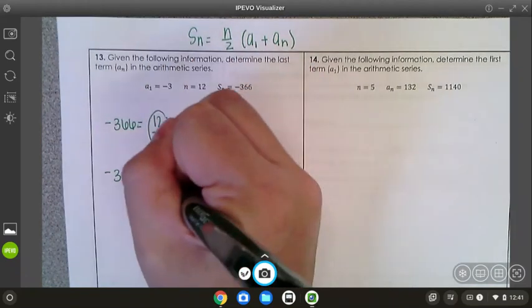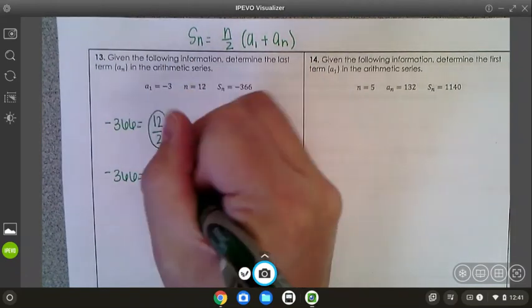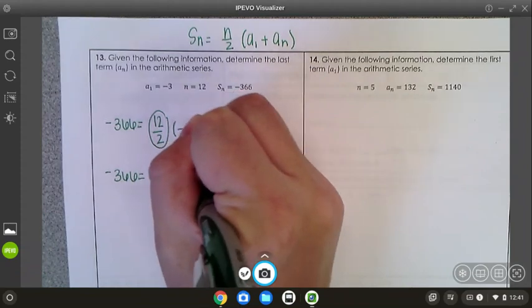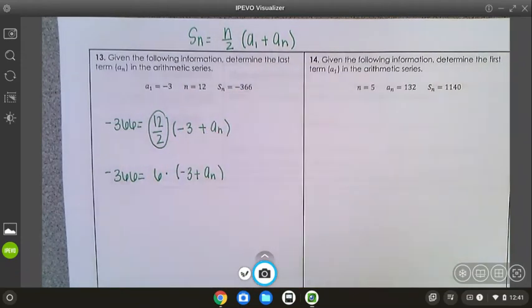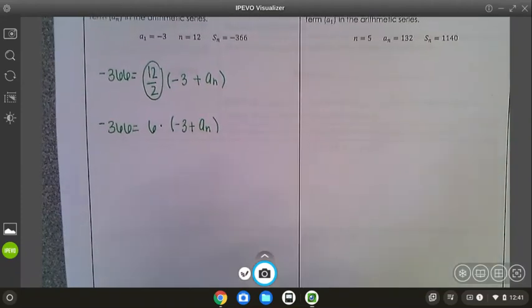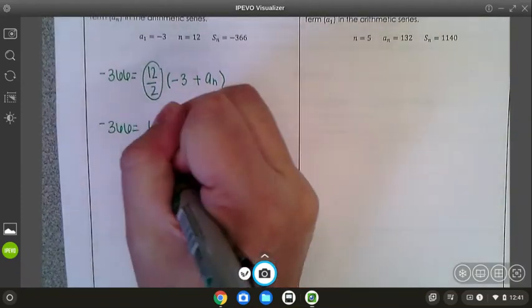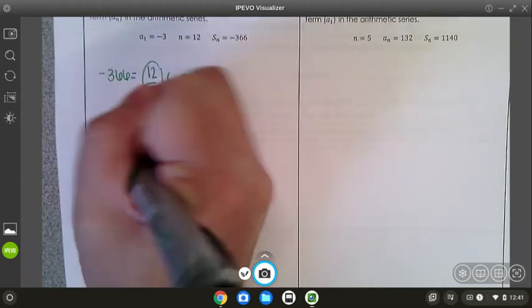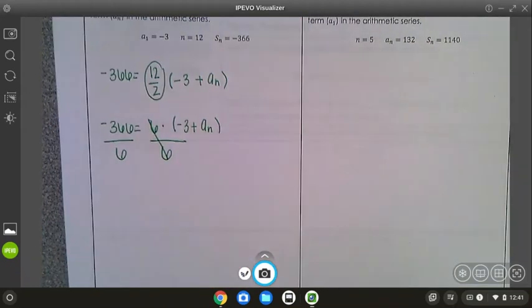Well, this is 6. So these two things are being multiplied. If I want to get rid of the 6, I need to divide both sides by 6.